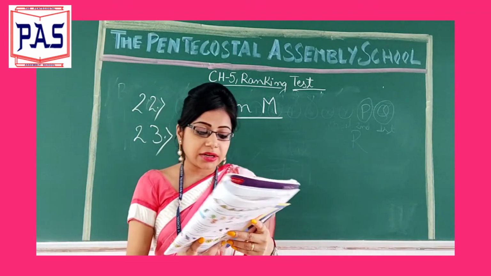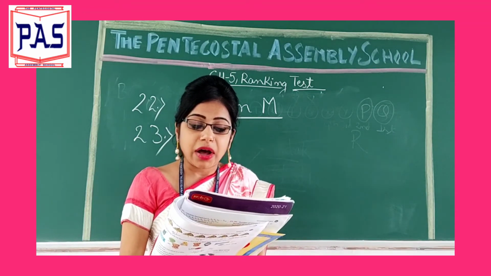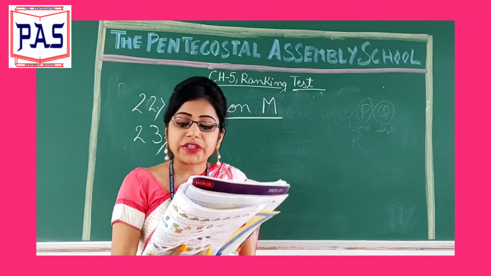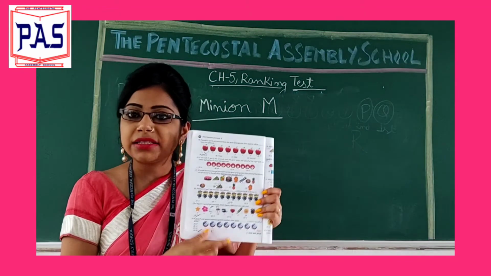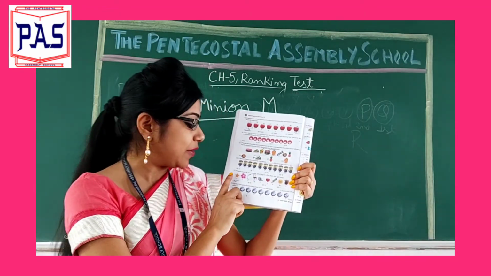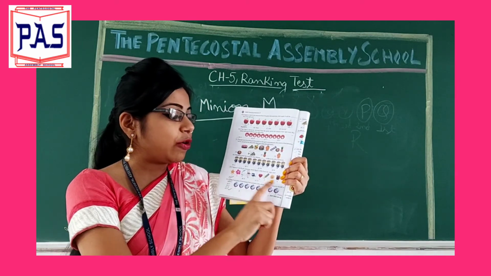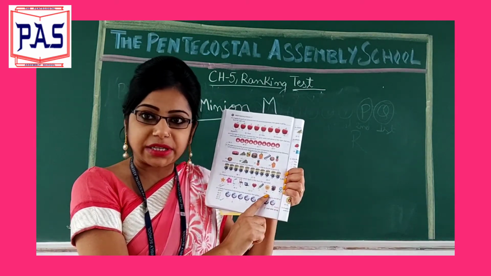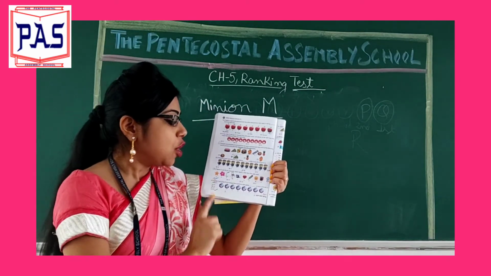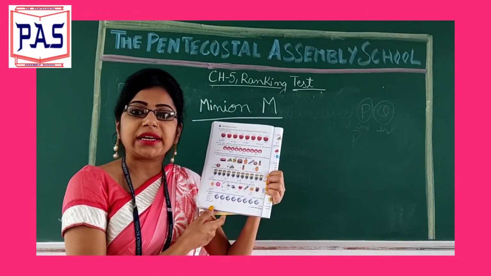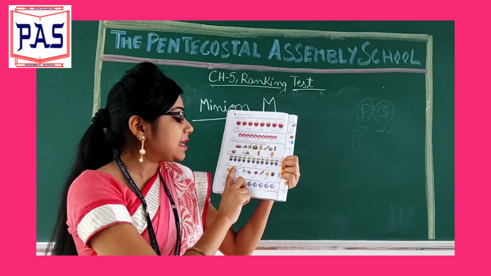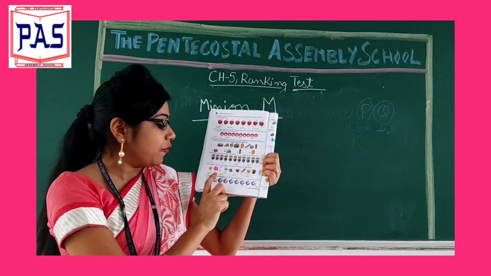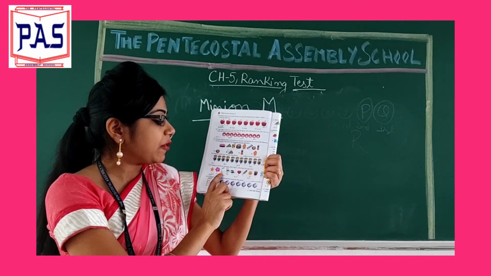If figures S and W are removed, which figure is fifth from the right end? Again children, you can see in question number 23, left or right side is not mentioned. So by default we will take our left and our right. So S and W are removed. S, this lamp, will be removed.